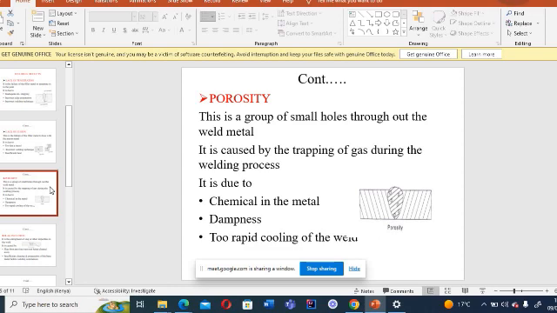If we have any water or any liquid within the surface of the filler and the parent metal, it creates some air or gas pockets in the weld. The third reason is due to the rapid cooling of the weld. When you weld and we have any external forces that cause the cooling to be too fast, that causes the porosity.